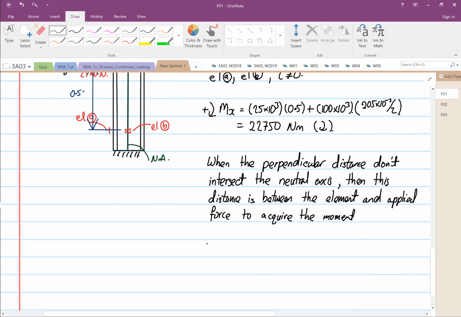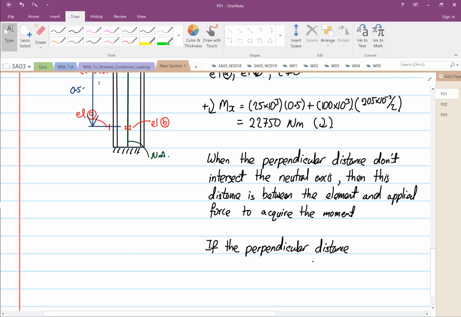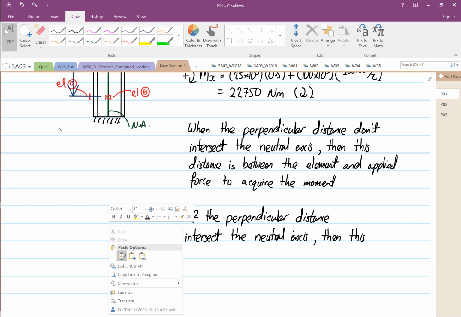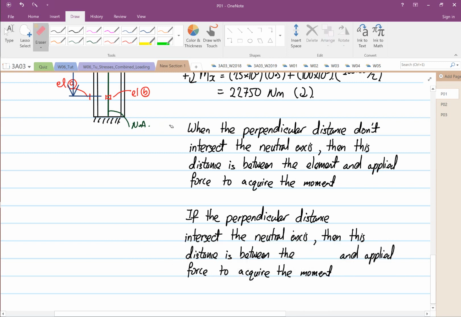Okay, so if the perpendicular distance intersects the neutral axis, then this distance is between the neutral axis and applied force to acquire the moment.